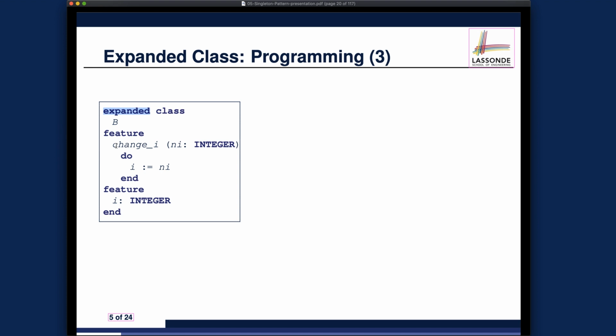And we have a very simple command, change I, because we have some integer attribute I, and then we simply take some new I and set it to be the new value for I. Very simple expanded class called B here. Then we're going to see how the various usage of the object B, or calling a command upon it, is going to work at runtime. That's something we want to see.